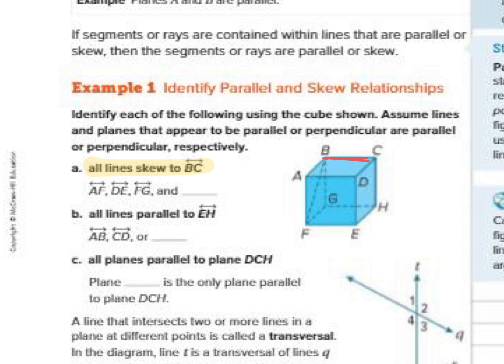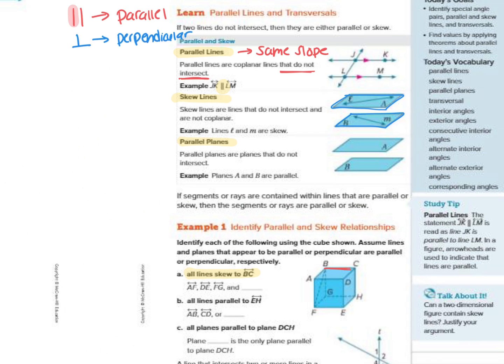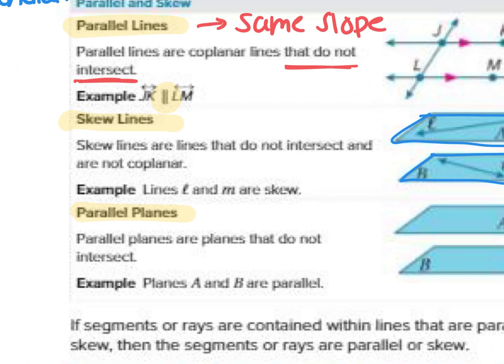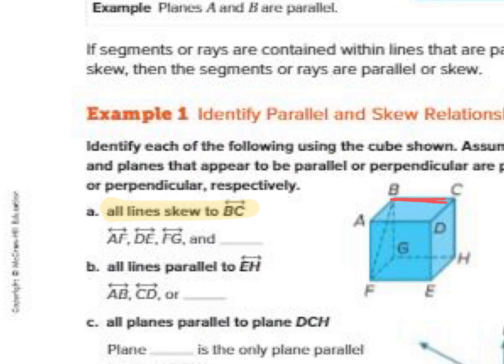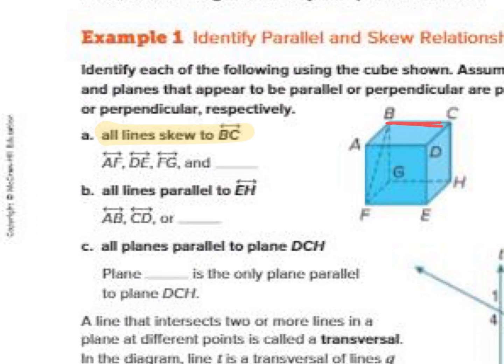But we're focusing on the line, and we're trying to figure out another line that would be considered skew. Okay, so if we go back to our definition, skew lines do not intersect and are not coplanar. So as long as I think of an example where the line is not on the same plane as that line BC, it's going to work. And so they've given us examples here. They said AF is not on the same plane as BC.